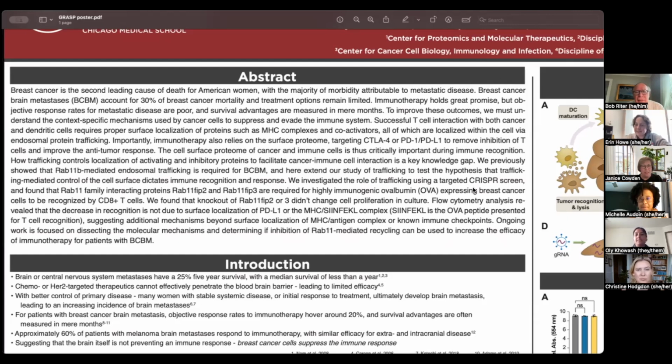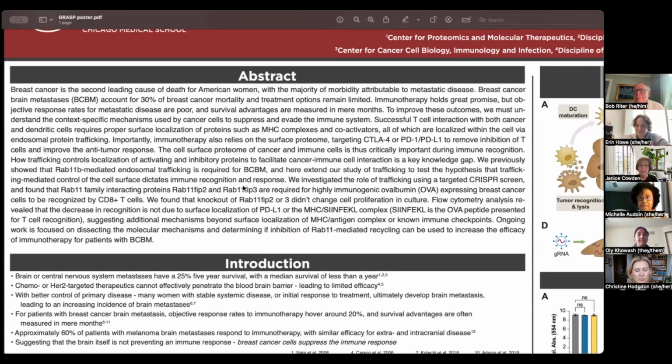Did everybody understand that, or do we need to dive into that a little bit deeper? Looks like everybody's nodding their head. So, I do want to remind all of the advocates, and especially Michelle, since this is your first time to participate in a GRASS poster session, feel free to interrupt at any time if you have a question.